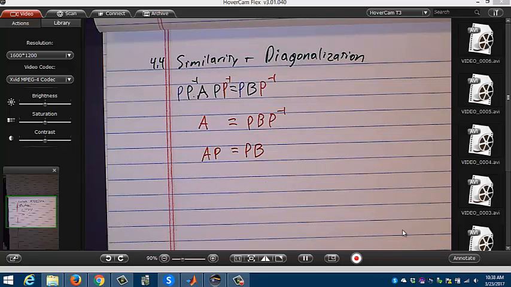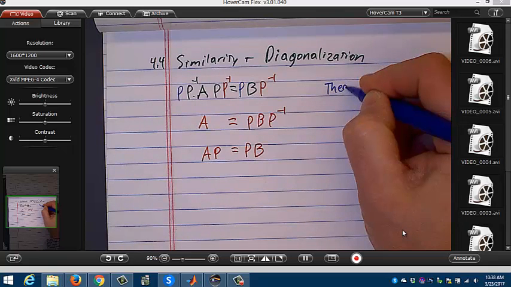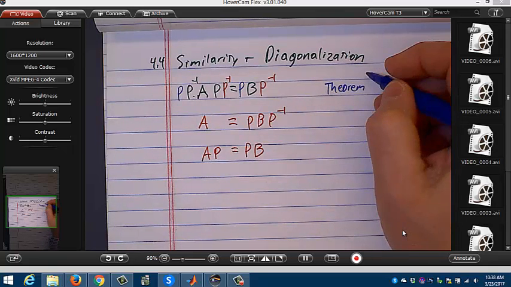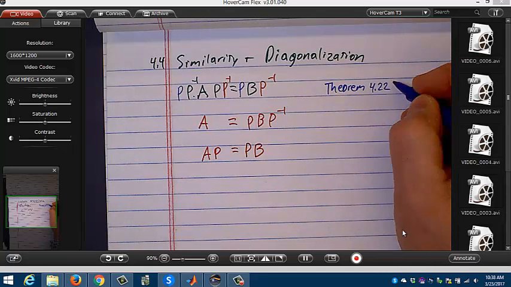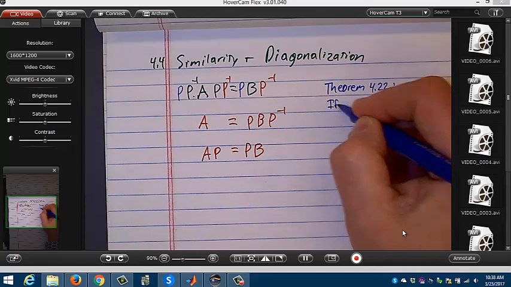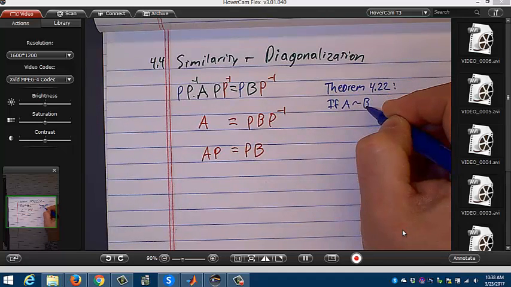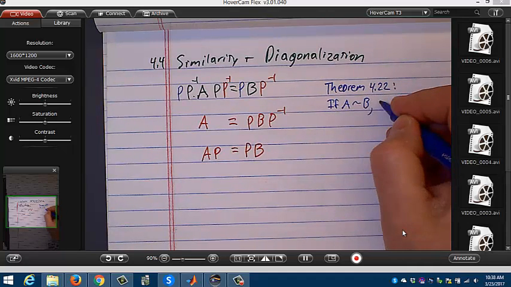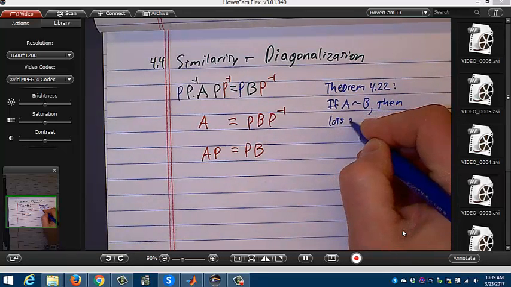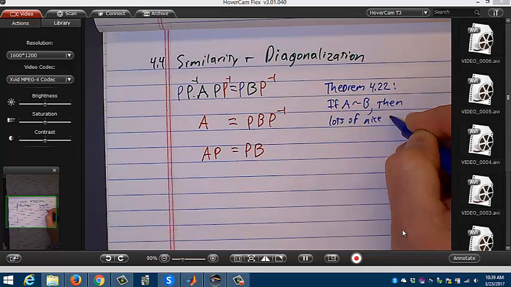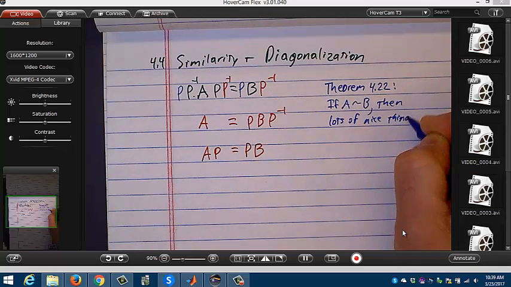Now, this is an important theorem from the reading, okay? Theorem 4.22. If A is similar to B, then lots of nice things are true.